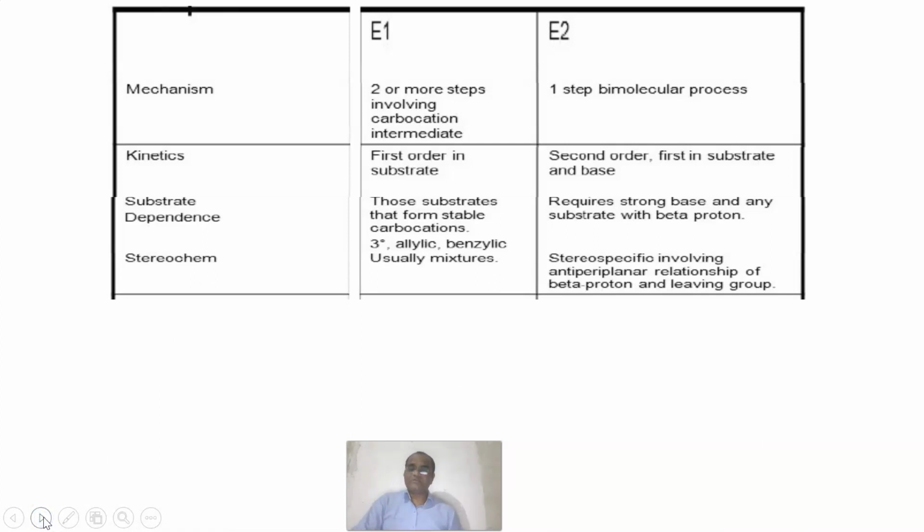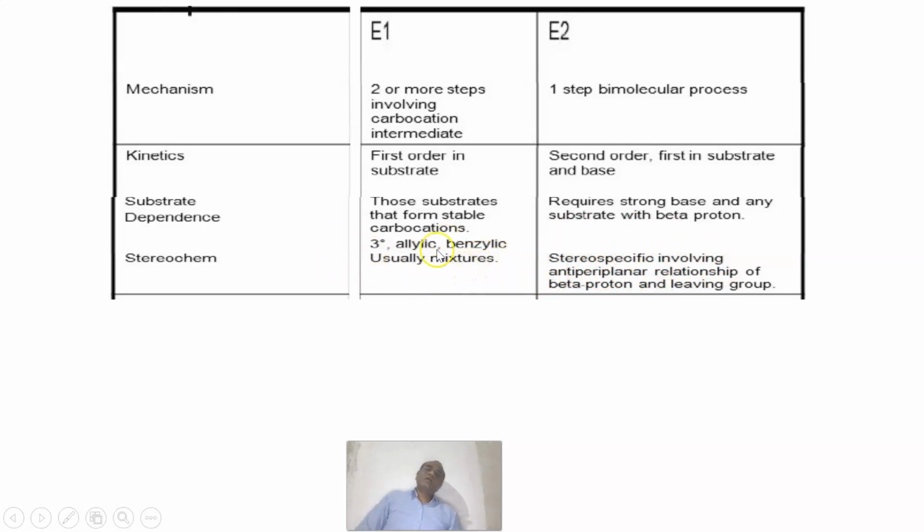After that, stereochemistry, or stereospecificity, which I already discussed. We have seen in the orientation of the E2 reaction that these are stereospecific, with syn elimination and anti elimination. E1 is not stereospecific.